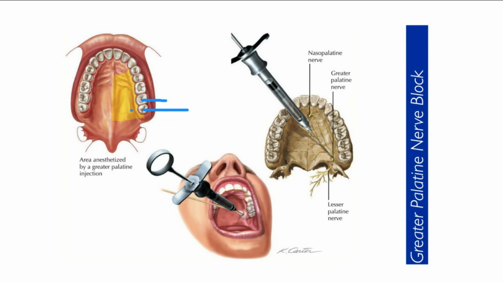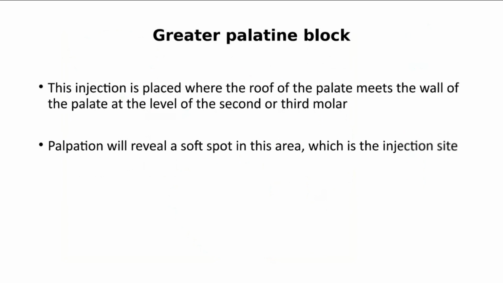You put the Q-tip on the foramen by feeling a softer spot, and then you inject beside it. So here is the greater palatine. You palpate with the Q-tip until you get it, and you inject beside the second or the third molar, or in between. Just feel it with the Q-tip, and then you inject right beside it.